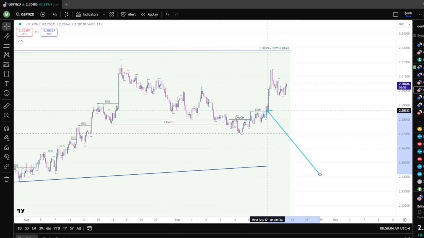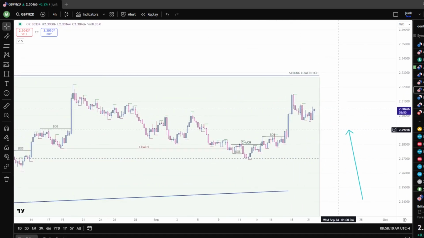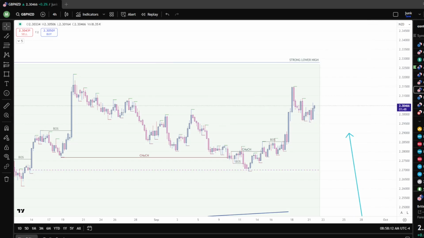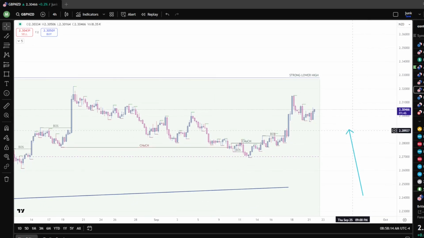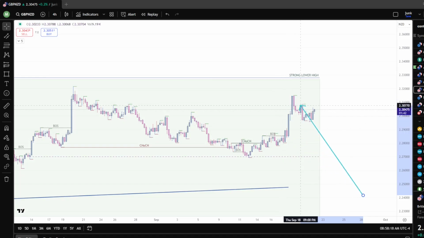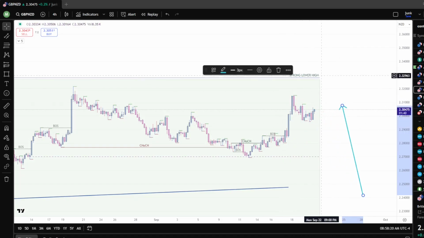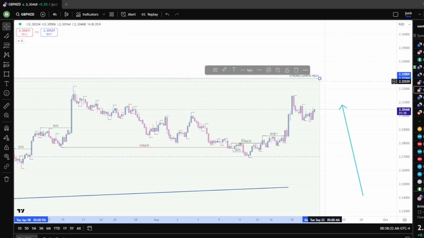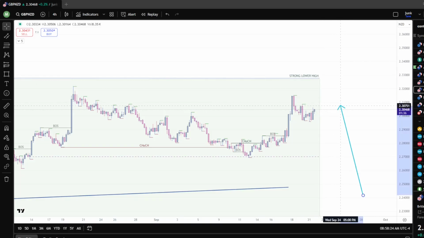But now you can see, obviously, internal structure breaking to the upside, taking out some of the highs. As long as that fundamental news continues, I don't know how long it will impact price, but if these buyers continue to push higher, we could expect this strong lower high to be taken out, and for this to flip to a bullish swing structure.